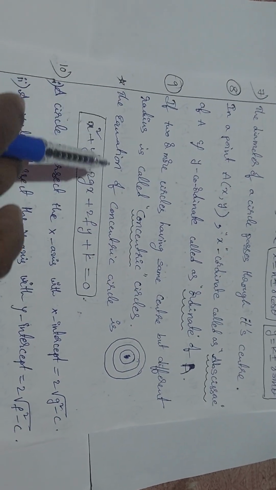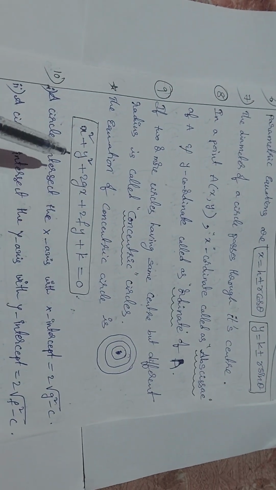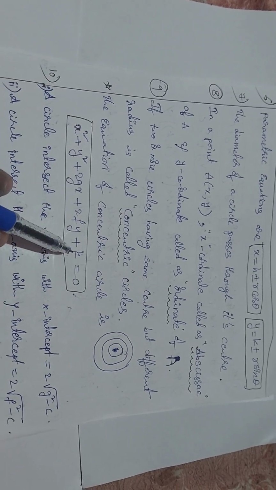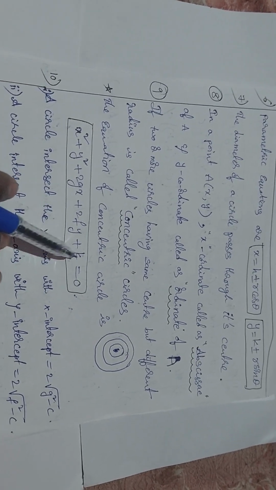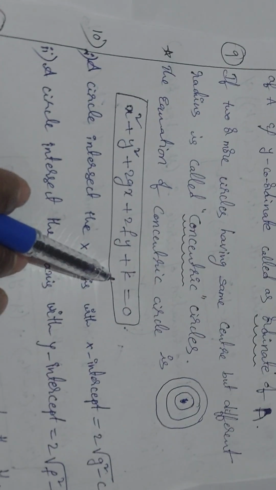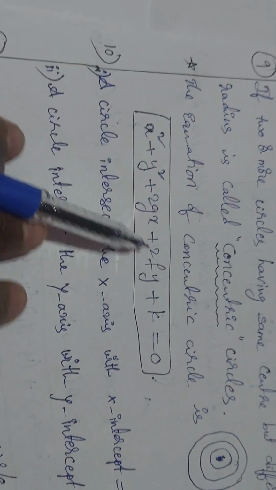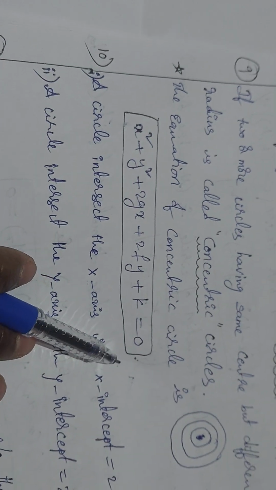Next, the equation of the concentric circle: the same center means the same g and f, only the radius changes, so the constant changes, c in the place of k. So the equation of the concentric circle is x square plus y square plus 2gx plus 2fy plus k is equal to 0.